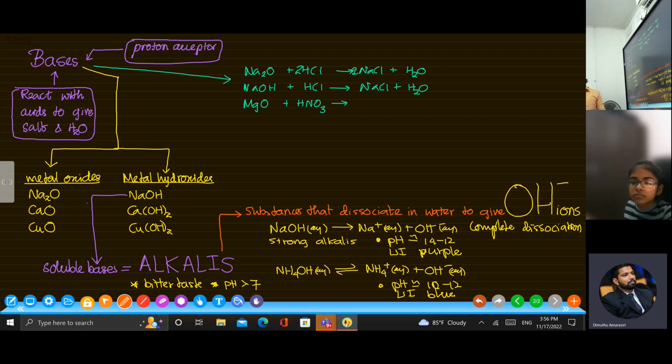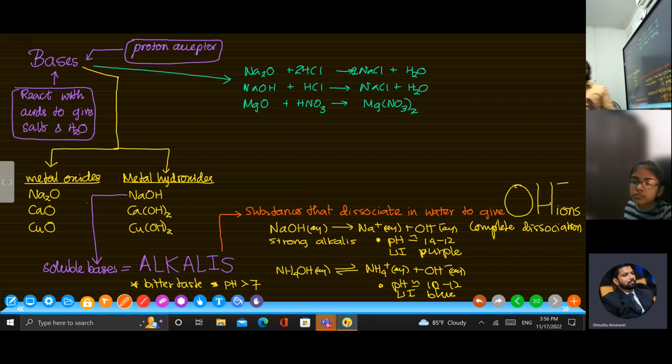Magnesium oxide is a reactant. Think about the salt: take the anion of the acid, which is nitrate, and the cation of the base. What should the product be? Magnesium nitrate. But when writing it, be careful with valency, because nitrate's valency is 1 and magnesium's valency is 2.